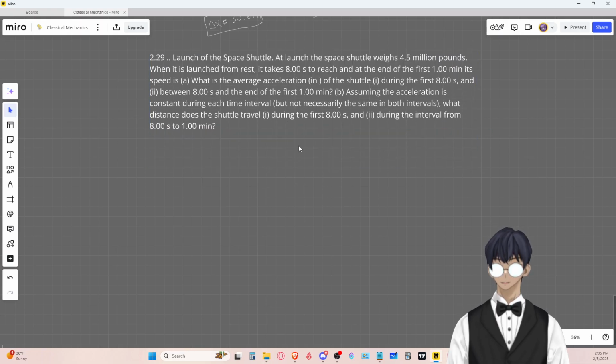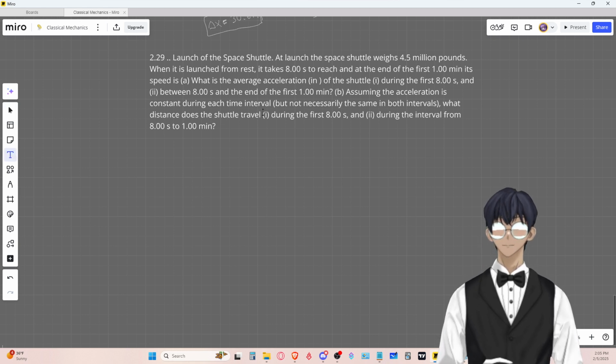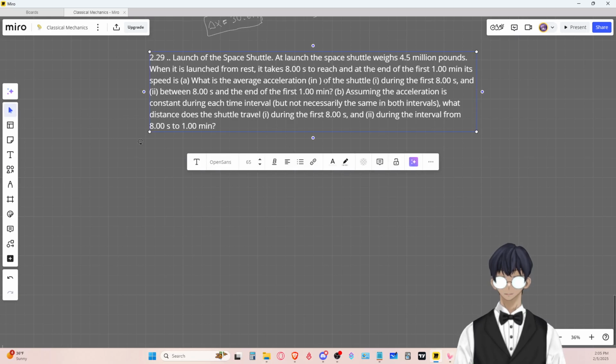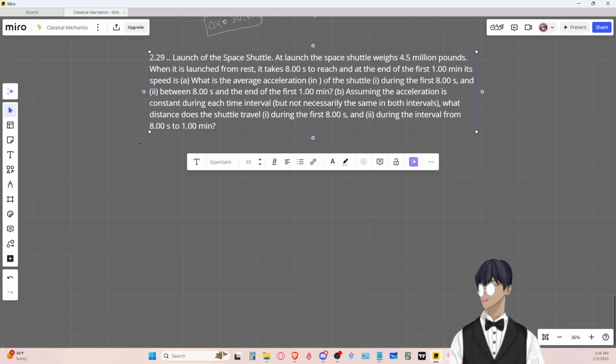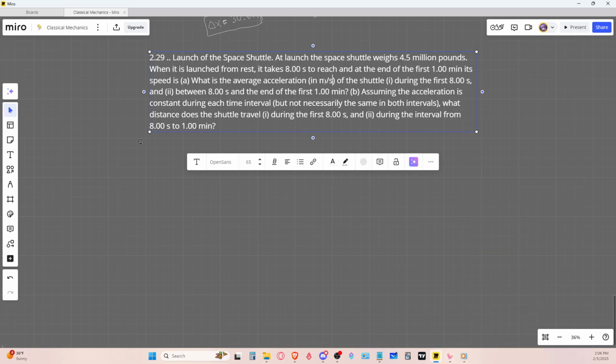I think we missed some things. Average acceleration, where is that? Here we go. We just have to write in meters per second squared.